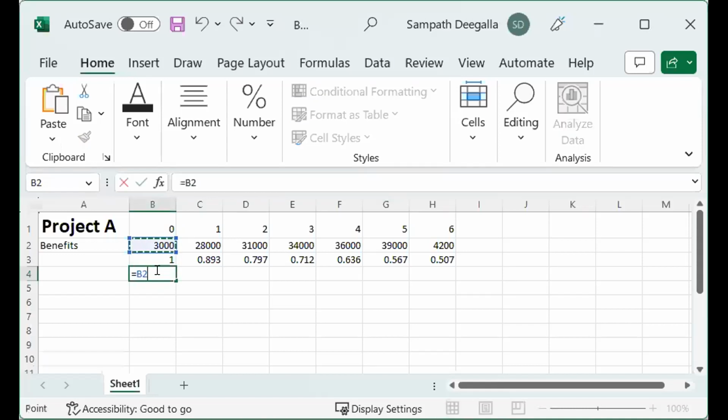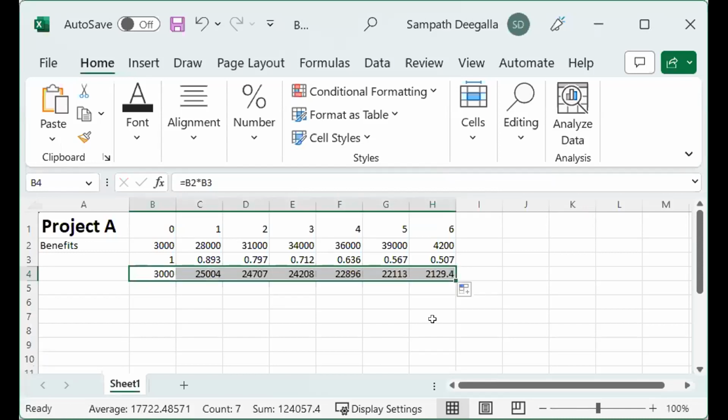So what we have to do is we have to multiply with the amount what we have today. So that will be 3,000.